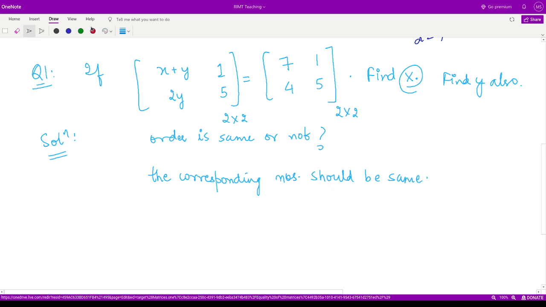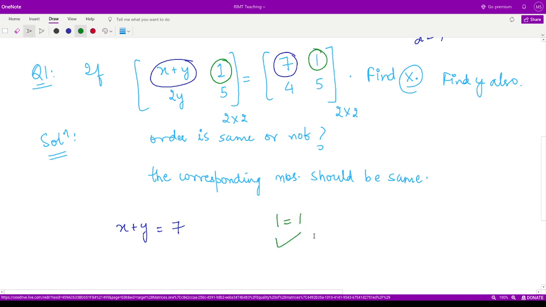So that means x plus y here at the first row, first column should be equal to 7 at the first row, first column in the second matrix. So x plus y should be equal to 7. Another thing, the second element here, that is 1, should be equal to the second element here, that is 1, which is true.